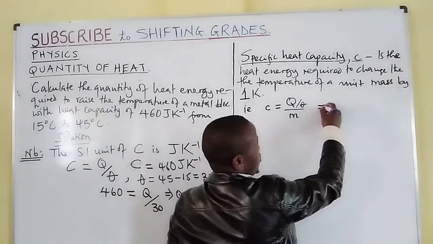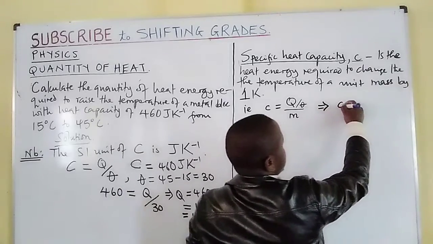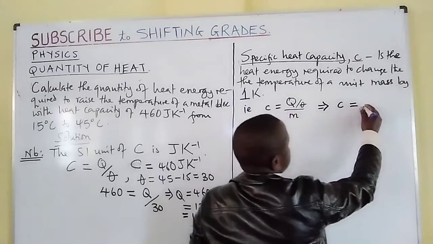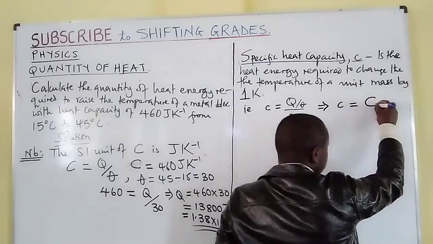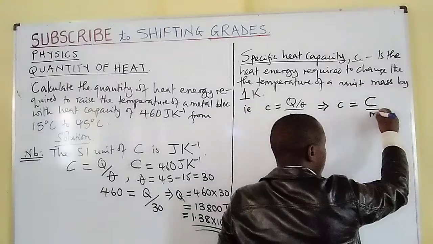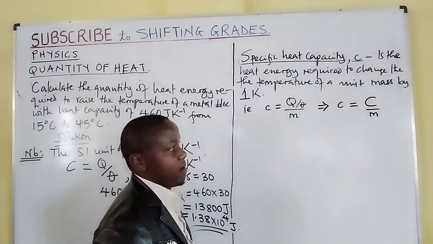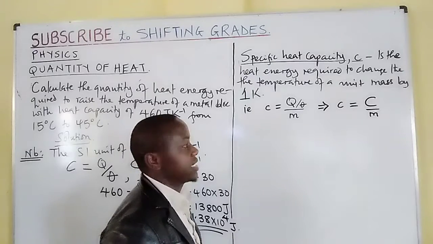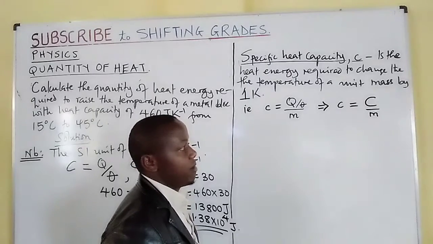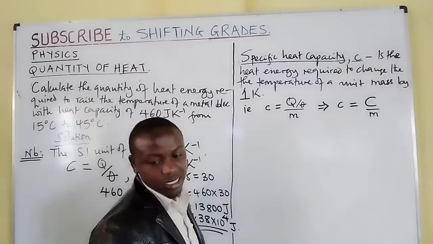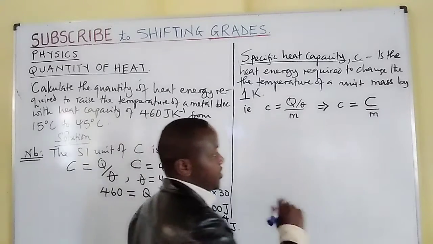This can translate to C is equal to the heat capacity but now per unit mass. Heat capacity per unit mass. So we divide by mass.